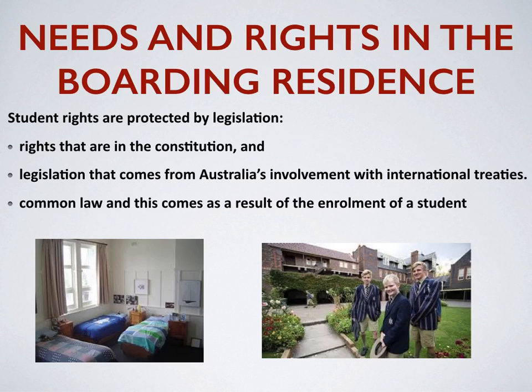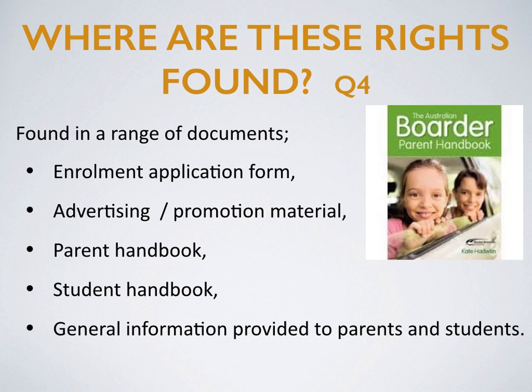We have needs and rights in the boarding residence. Student rights are protected by legislation, like rights that are in the Constitution, etc. So some of them are just our normal rights that are the same for all Australians, but others can be found in documents like the enrolment application form, advertising and promotional material.